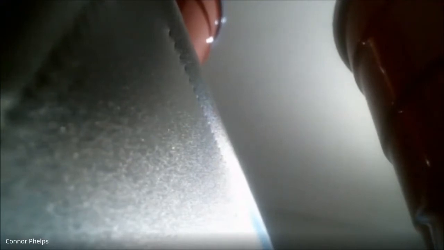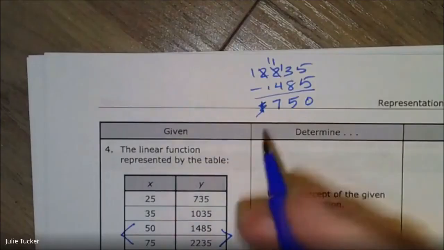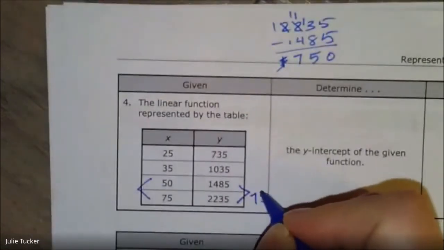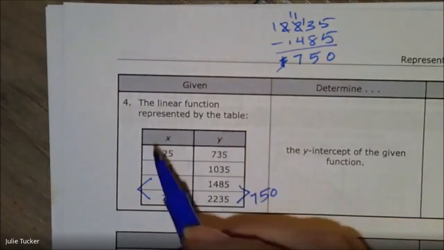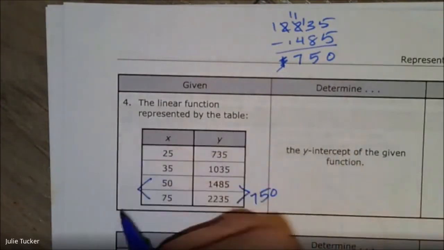So what did you get for your answer? Oh, good. That's what I got. Okay. Thank you for checking it for me. So this is 750. And then on the other side, it's 75 minus 50. That's easy. That's just 25.